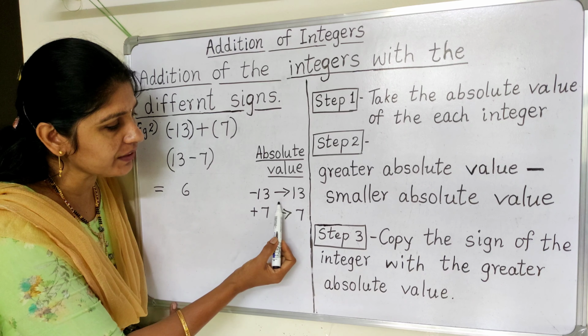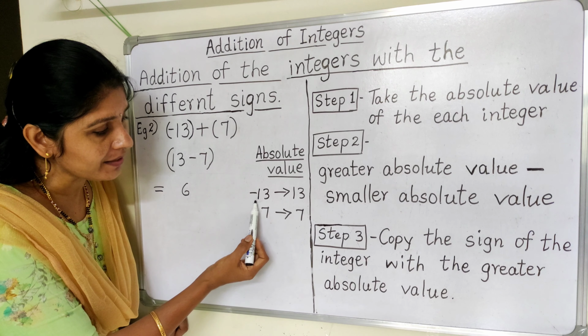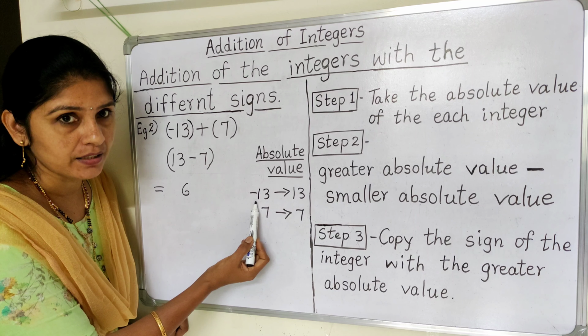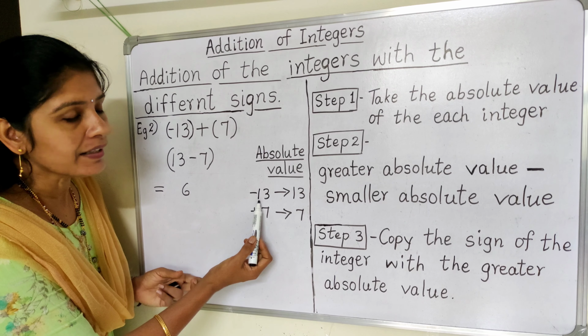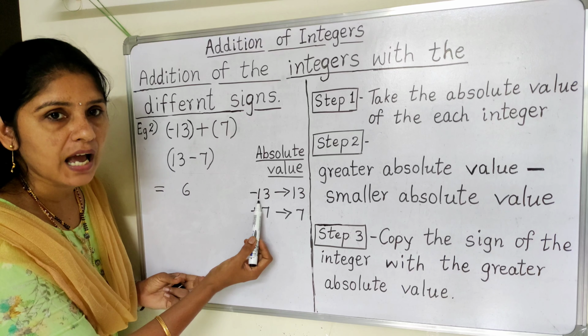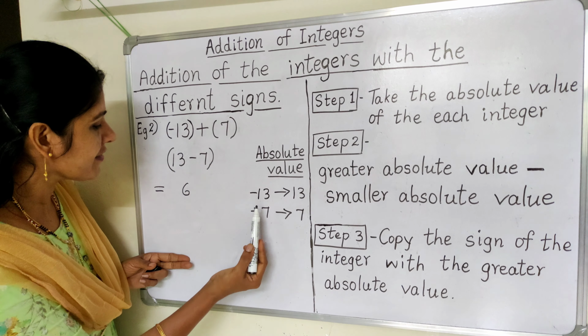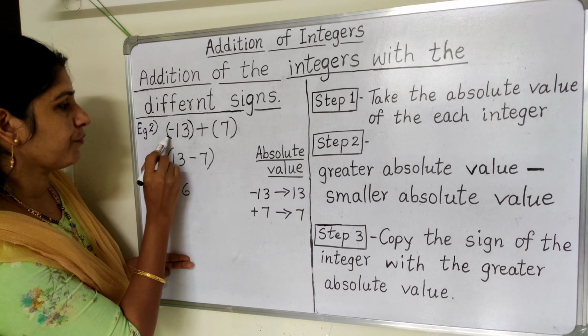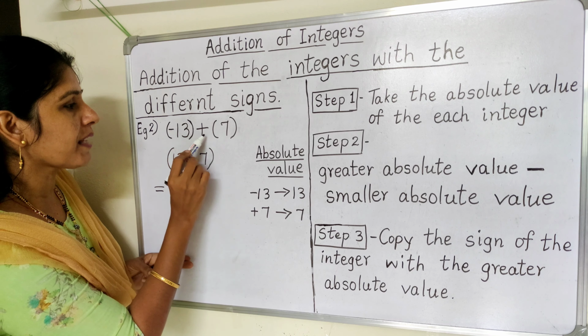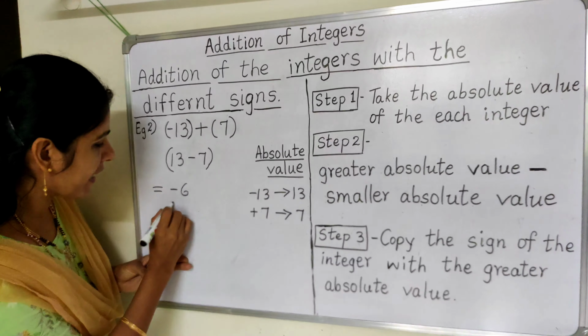The integer with the greater absolute value is minus 13. So, we have to write its sign in the answer. So, the answer is minus 6. Therefore, minus 13 plus 7 is equal to minus 6.